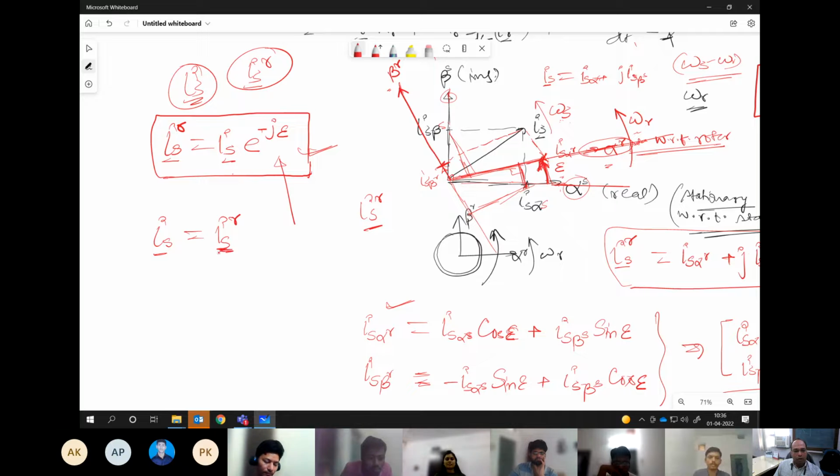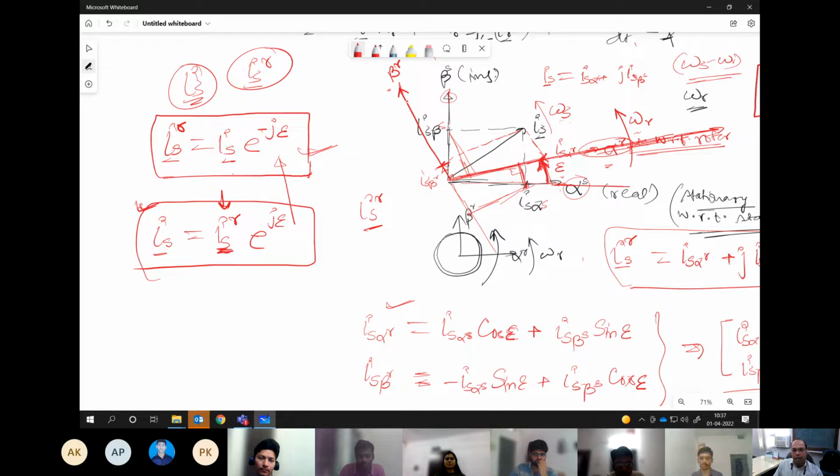So the reverse thing: if we know this vector and we are trying to compute this vector, we only need to multiply by the unit vector formed by the angle in the counterclockwise direction. Now this reference frame alpha r, beta r is known. You are trying to jump back to alpha s, beta s. So the angle is minus epsilon in the counterclockwise direction, which is why this becomes e raised to the power j epsilon.